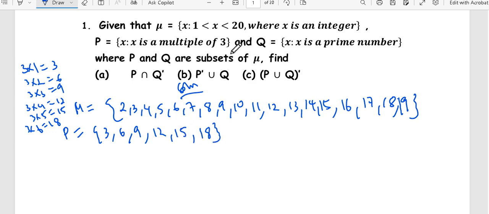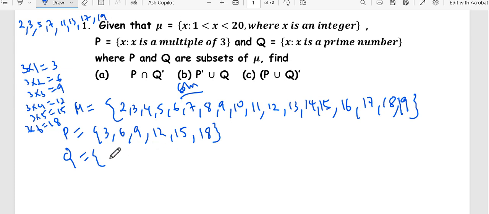Then Q. It says Q is a set of x such that x is a prime number. What are prime numbers? A prime number is a number that can only be divided by itself and 1, except 1. So these prime numbers are 2, 3, 5, 7, 11, 13, 17, 19.